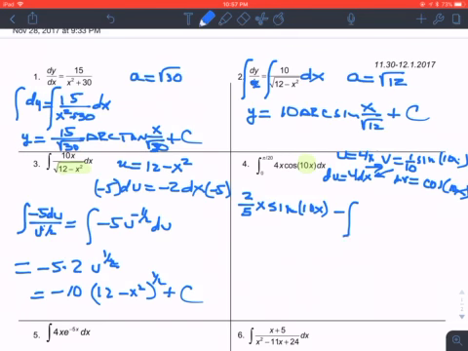Well, when I multiply those two together, I get 2/5 sine of 10x dx. And I still need to integrate that part. So I'm going to get 2/5 x sine of 10x.